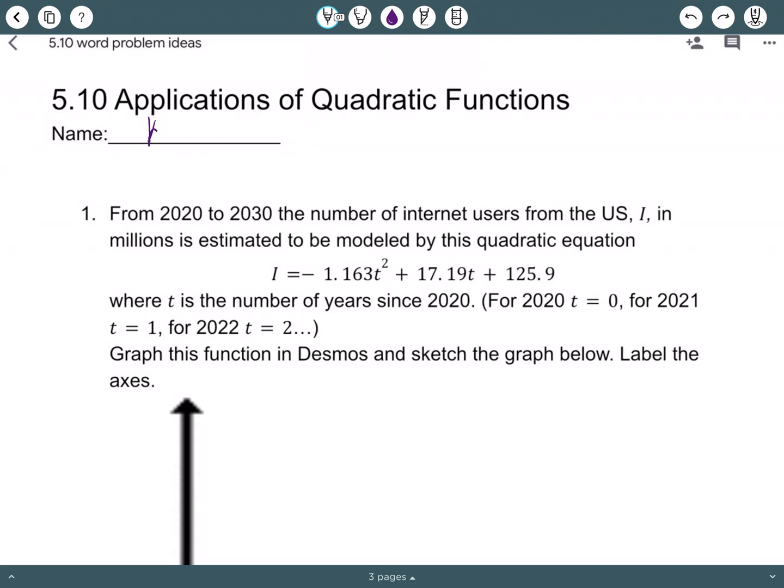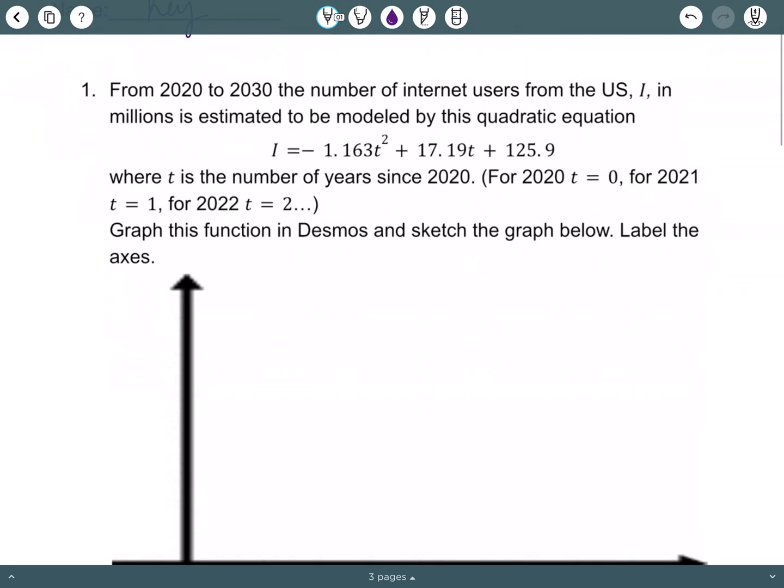So the first problem that we are working on is one that is focusing on the number of internet users from the US measured in millions. And it's given by this quadratic equation.